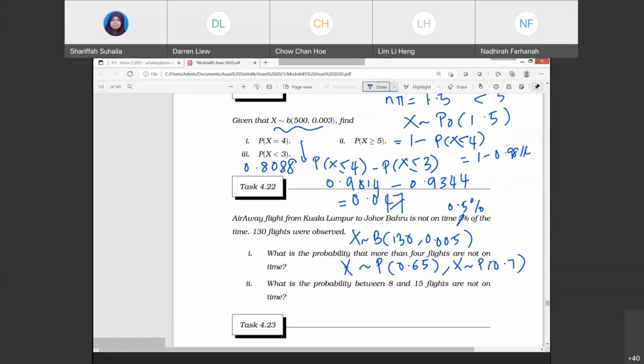So we use 0.7. What is the probability that more than 4 flights are not on time? That means you want to find probability X greater than 4. So again, 1 minus probability X less than or equal to 4. Try to compute. What is your answer?